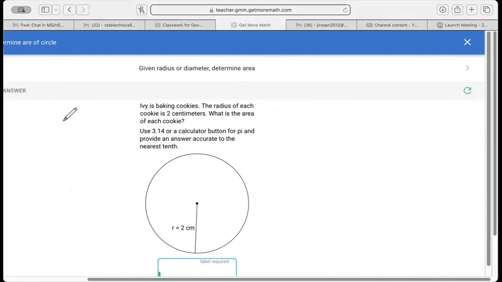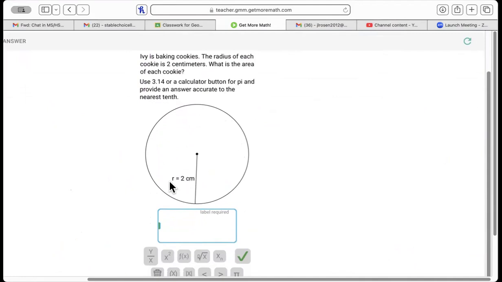All right. Ivy is baking cookies. The radius of each cookie is 2 centimeters. Gave us the drawing here. Love when it gives us visuals. What is the area of each cookie? So again, if you need to know how many cookies are going to fit on the sheet, you could do the math. So you're going to have 3.14 times 2 times 2. Right? So 2 times 2 is 4.